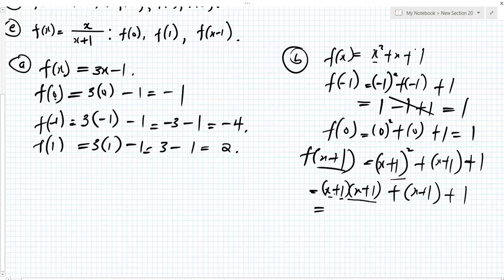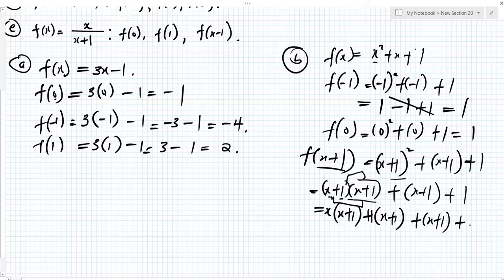So this times this, you have x, this times the whole of that, you have x into x plus 1. Now the whole of this times this, you have plus 1 times x plus 1, plus x plus 1 plus 1.